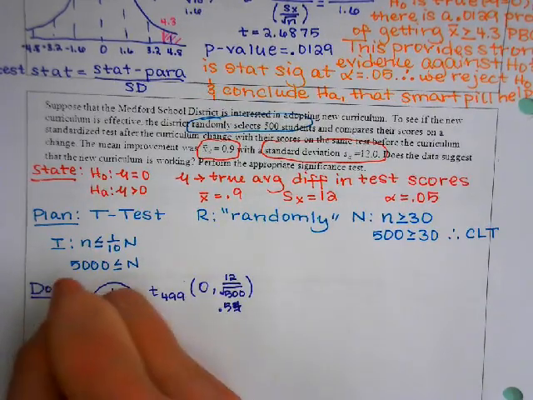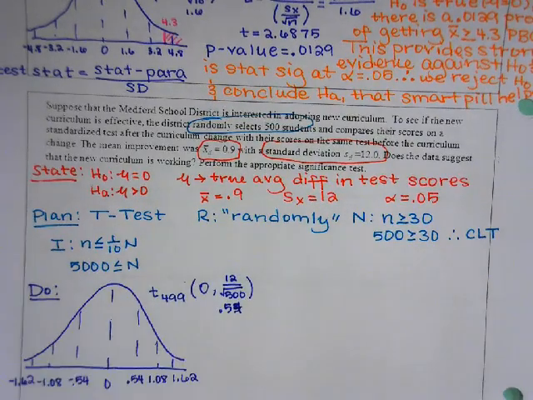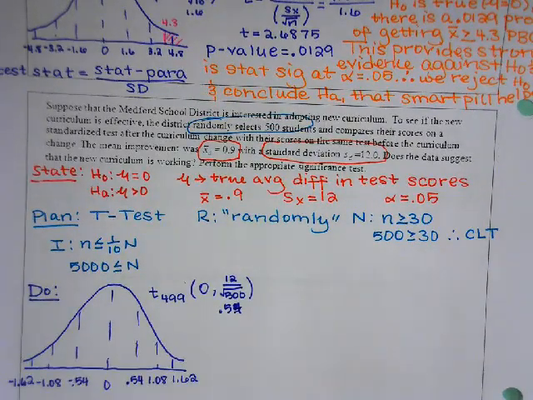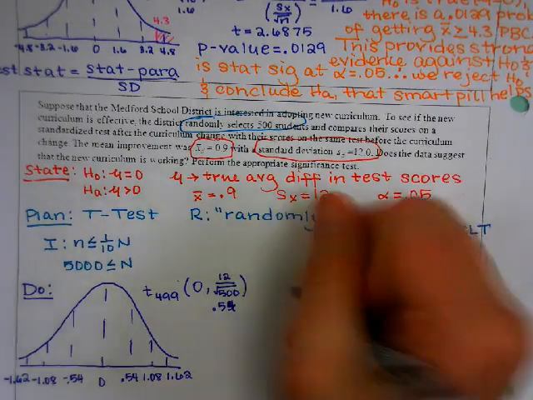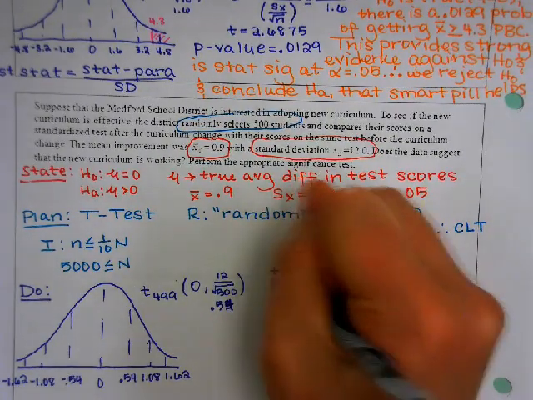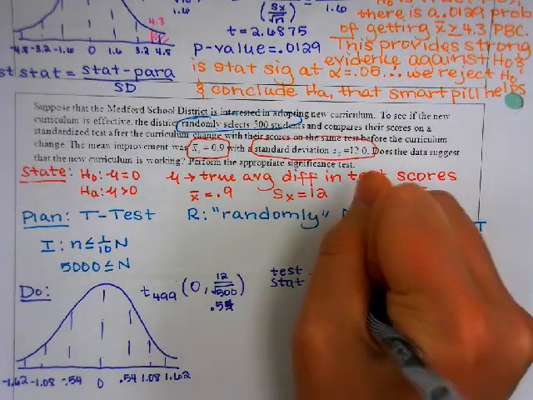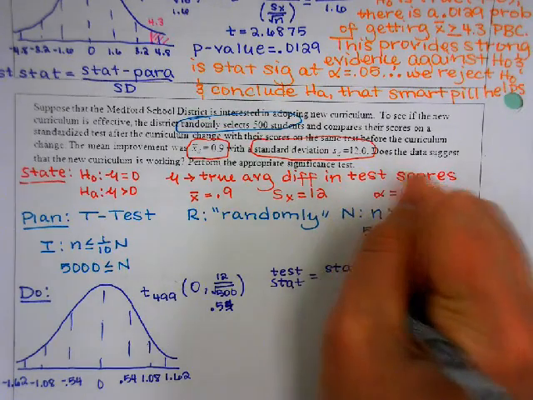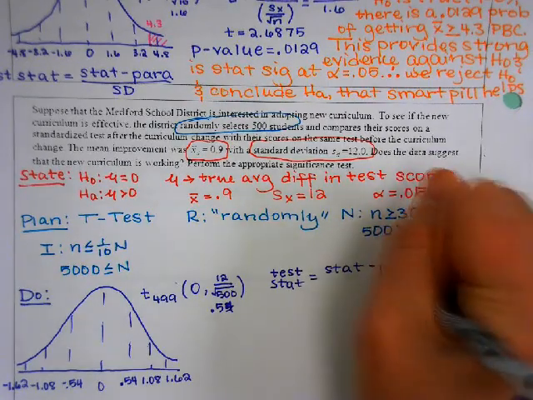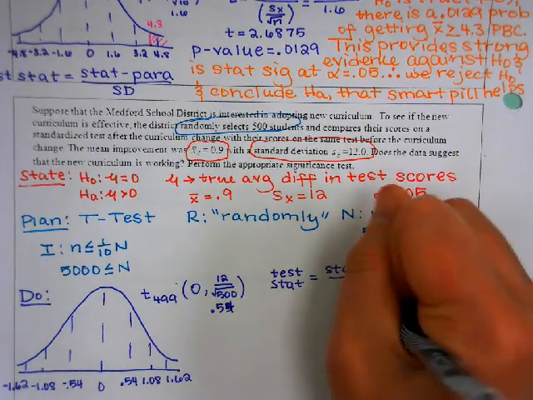General formula. Keep forgetting the test on these, sorry. Test statistic is your statistic minus your parameter divided by your standard deviation. Specifically for this one, t comes from x bar minus mu divided by s sub x over the square root of n.